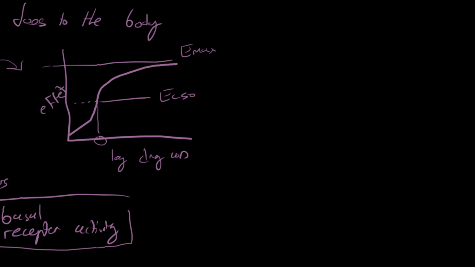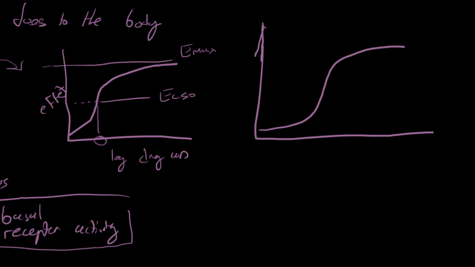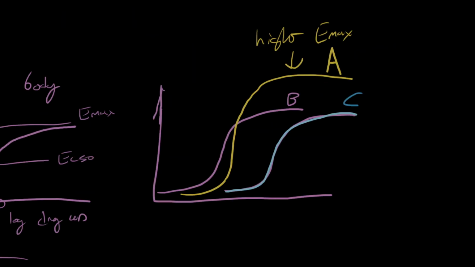Let me add in another graph here. So let's say we have one drug that's something like this. Okay, y'all. So we have a graph here with different parameters to keep in mind.